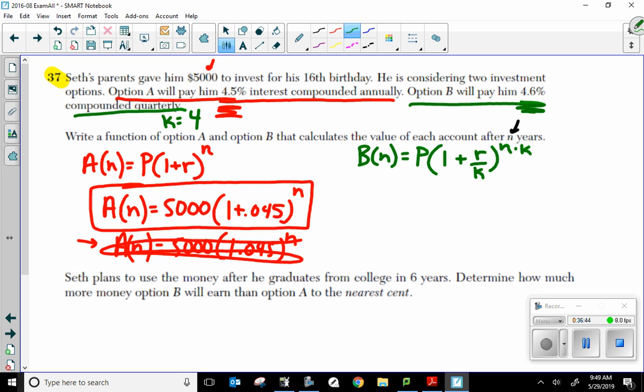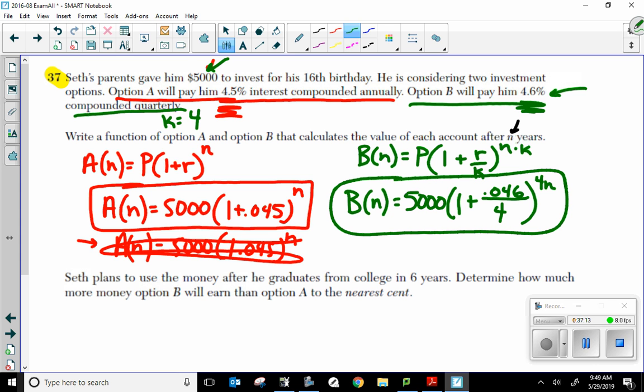So let's plug in the numbers that we have. B of n equals 5,000, still the initial value, still what I'm putting in first. 1 plus 0.046, that is different by a tenth, over K, which is 4, raised to n times K. K is 4, so I'll say 4 times n.